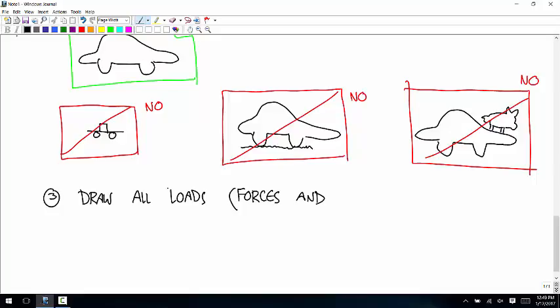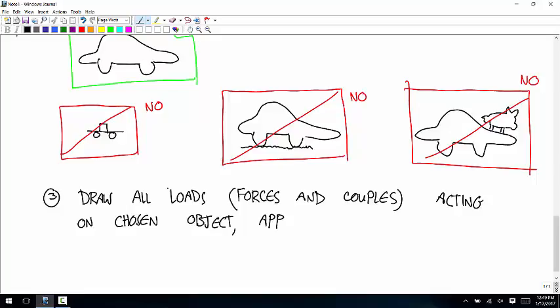We'll talk about couples pretty soon, not today. Acting on the chosen object, applied by the surroundings. Okay, so all we're concerned about are the external loads.